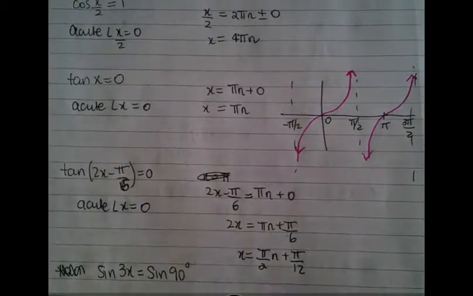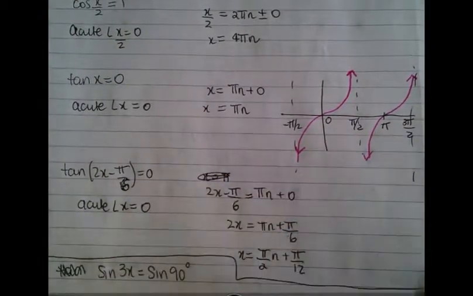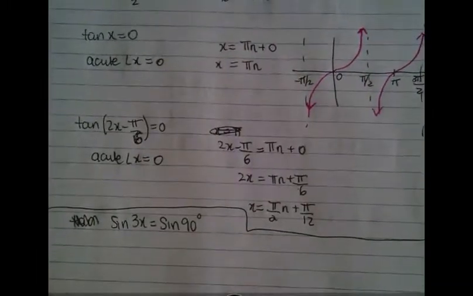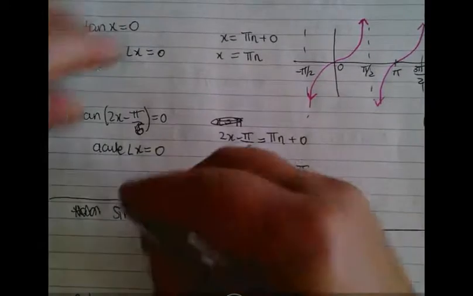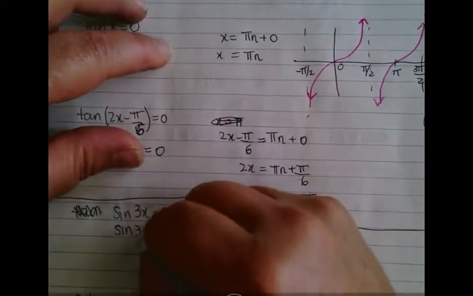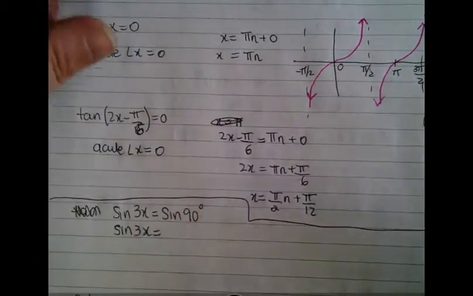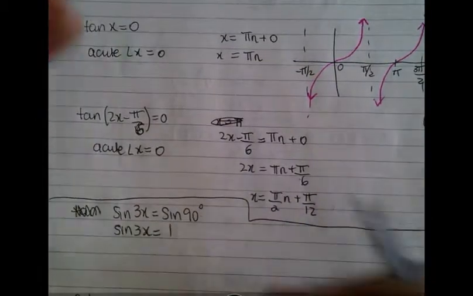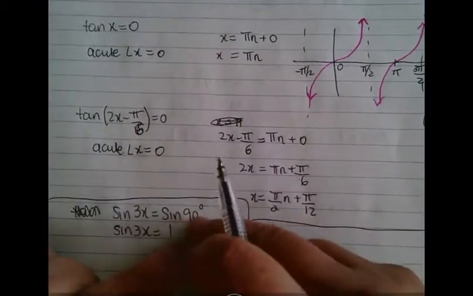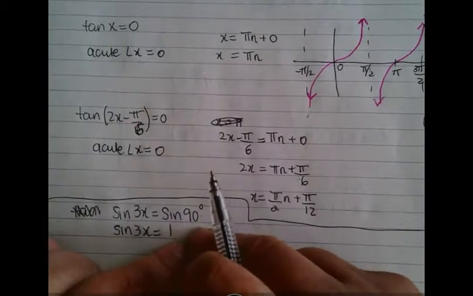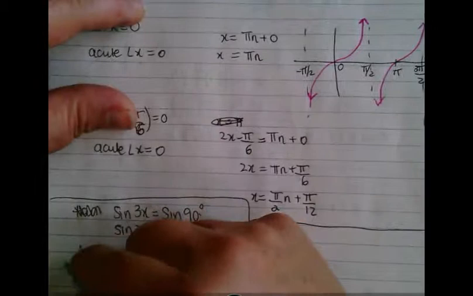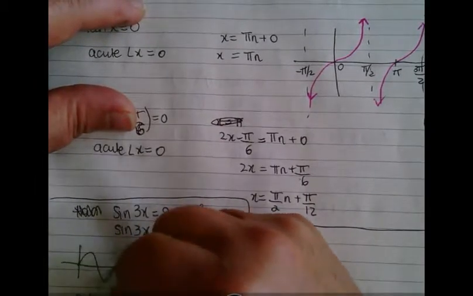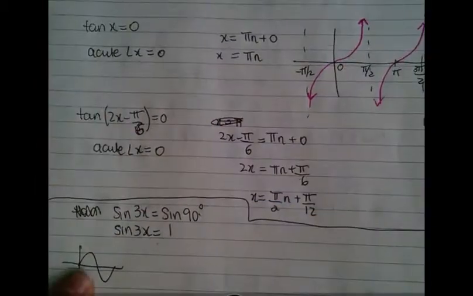And the last one. Sometimes you can see the question's written like this. You know what I would do if I were you? Just rewrite the question. What's sine of 90? 1. So the acute angle's actually given to you there. When they write it like this, the acute angle's actually given to you, because if I do a quick sketch, the sine of 90 is 1.